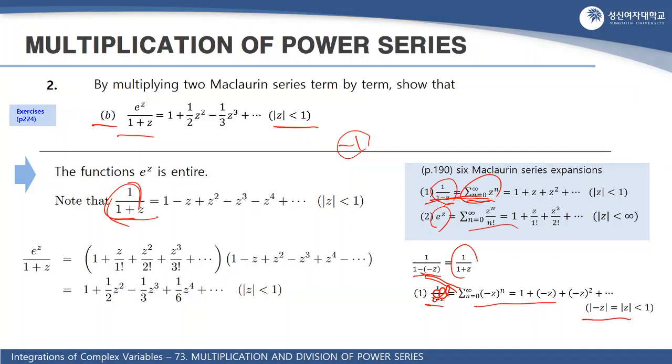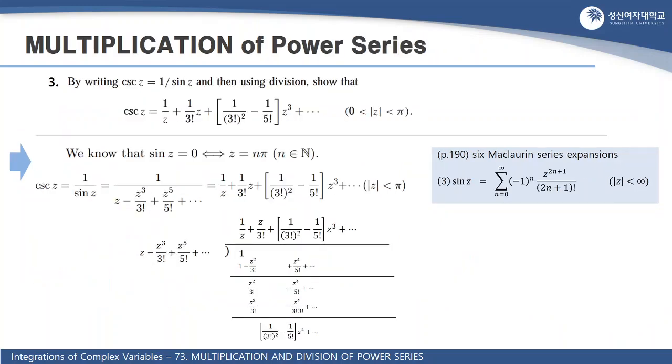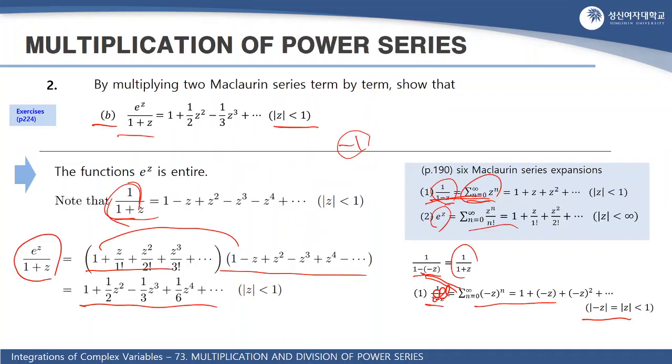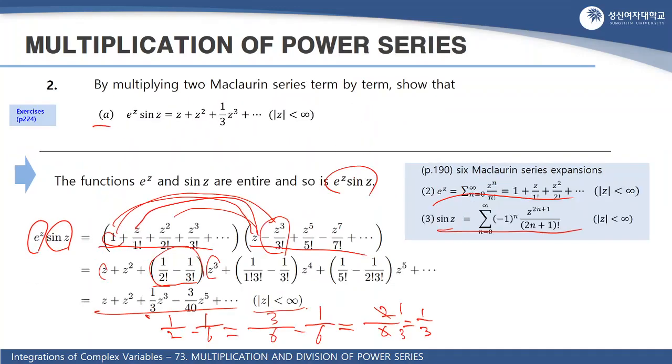So therefore we get this for this function, product of two series, then we multiply term by term and arrange the terms with the same power, then we get this. This is quite a similar problem to A.